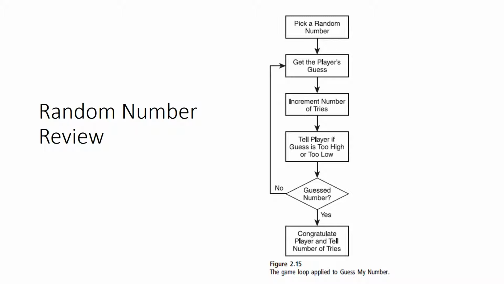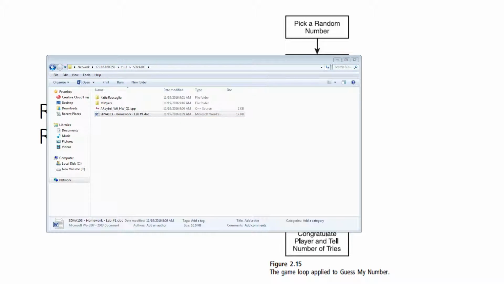If you guys forgot how to do the random numbers here, I'll put something up on Zool too if you need a starting point. I made a very simple kind of sample project. I'm going to put this up on Zool too.